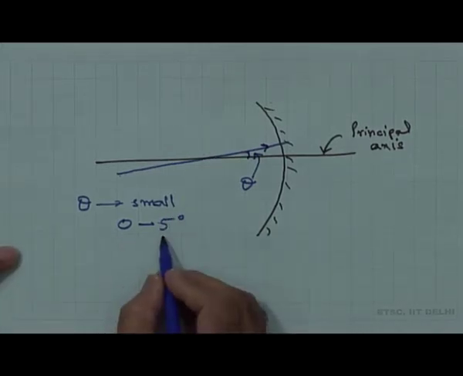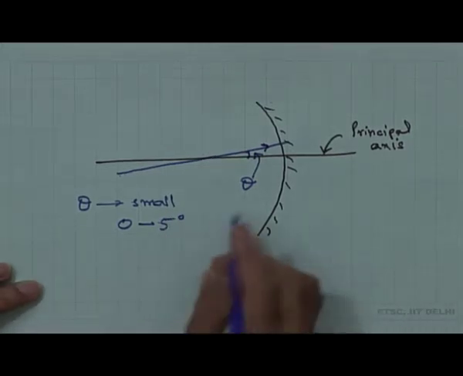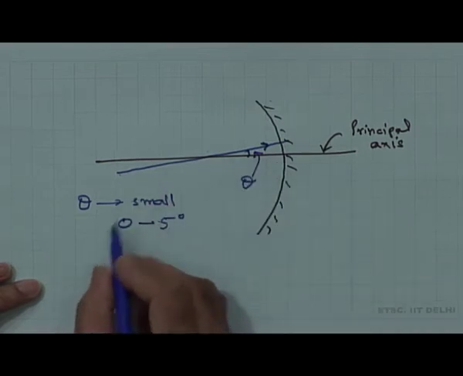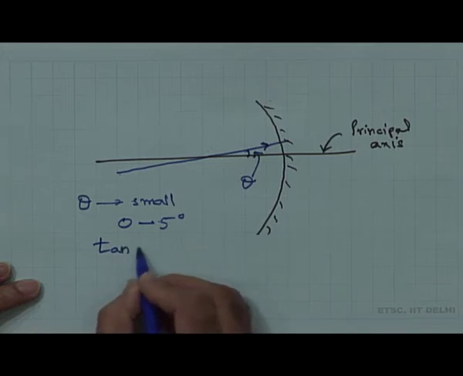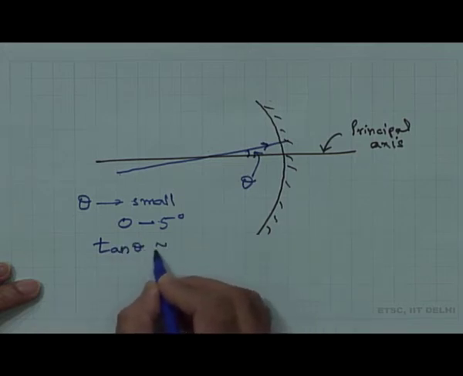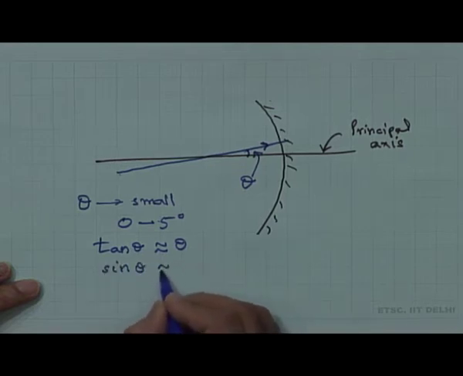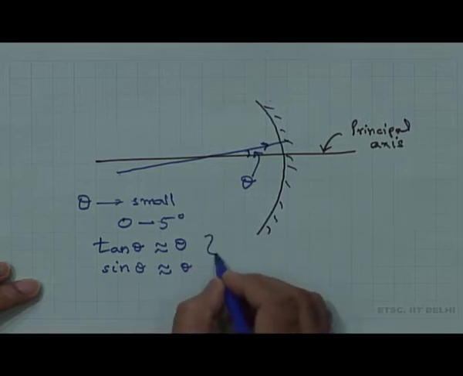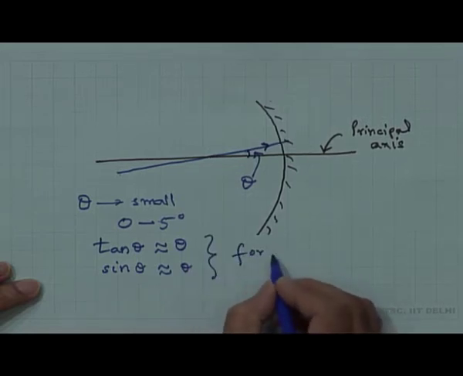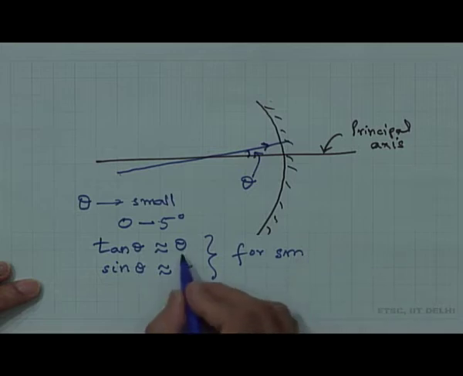Because the main point which we will use out of this paraxial approximation is whenever we have tan theta or sin theta, this is nearly equal to theta. We will use this approximation, sin theta nearly equal to theta for small theta, of course, theta in radians.